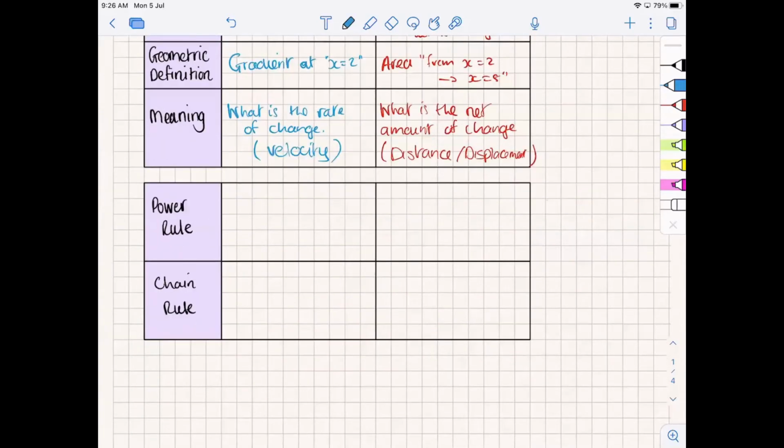Let's have a look at when we actually differentiated. If I wanted to differentiate the most basic of functions, for instance this, how do I use the power rule to find the derivative? What was the rule here?